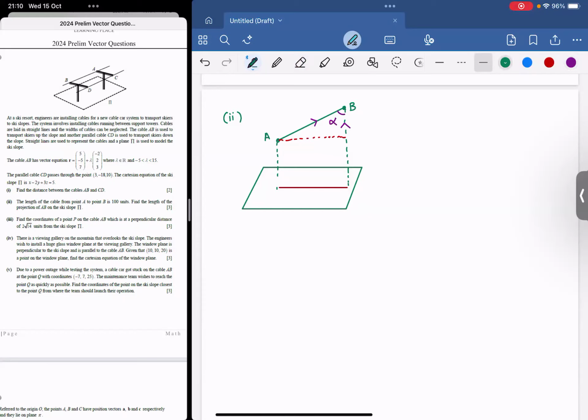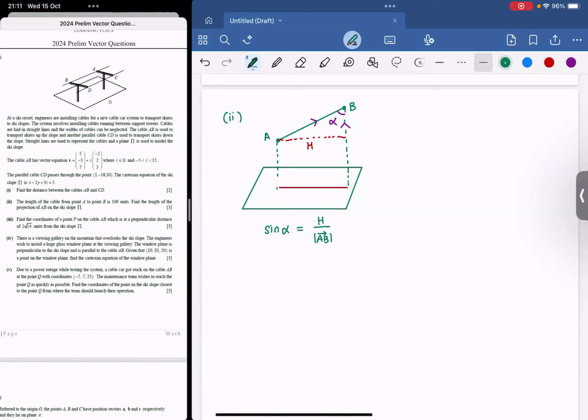Now to find this length, let's use H. To find H, what should we do? Again, we should use sine alpha. So sine alpha equals H over hypotenuse.